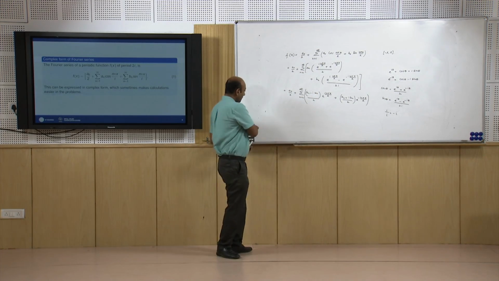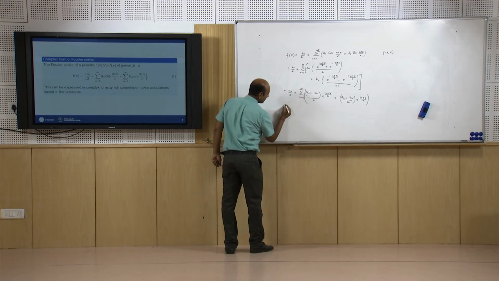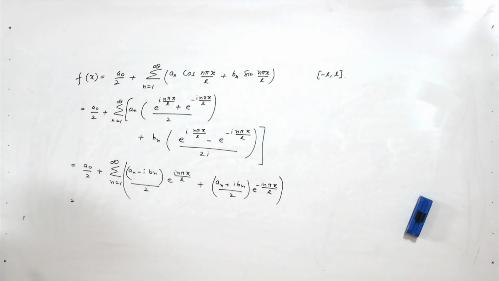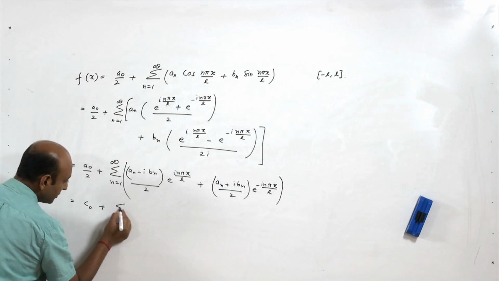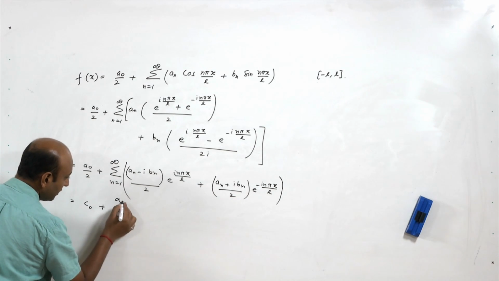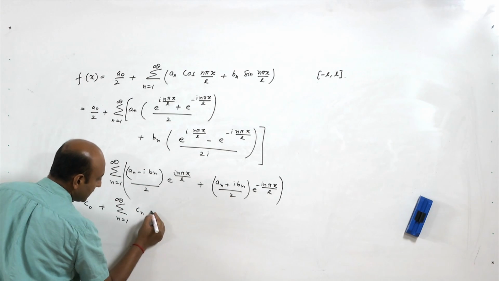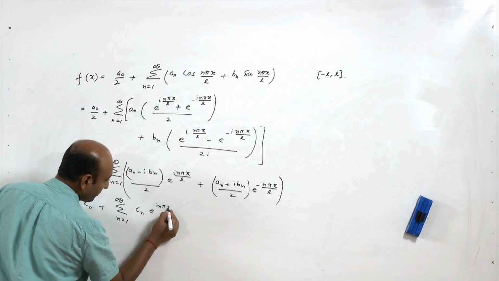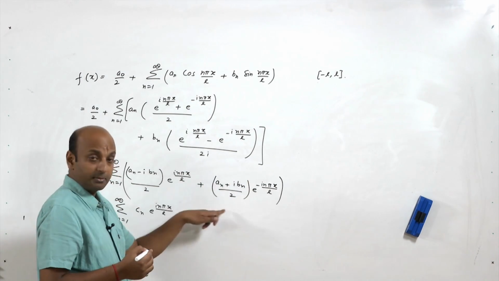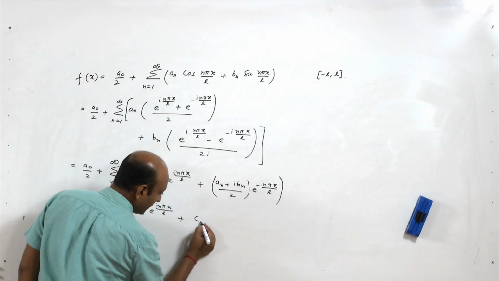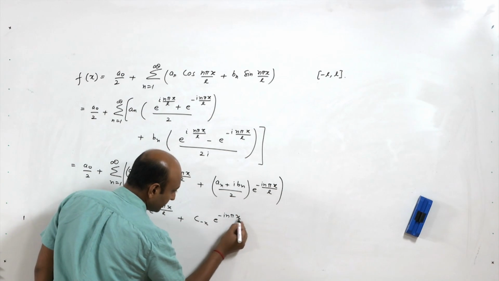Now, let us simplify it. Suppose a naught upon 2 is c naught, plus summation n varying from 1 to infinity. Suppose this term is c n e to the power iota n pi x upon l, plus, suppose this term is c minus n, it is simply a notation, c minus n e to the power minus iota n pi x upon l.